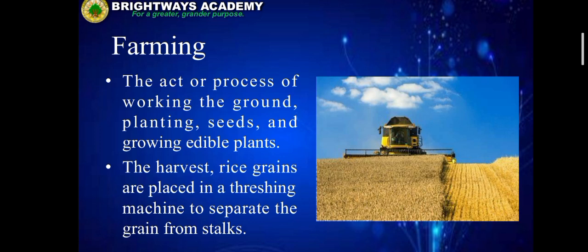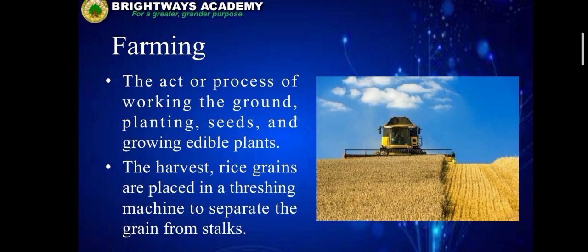And then we need to wait until the plants grow. Aside from that, in harvesting, rice grains are placed in a threshing machine to separate the grain from the stalk. In farming, that's the time we are harvesting our plants.